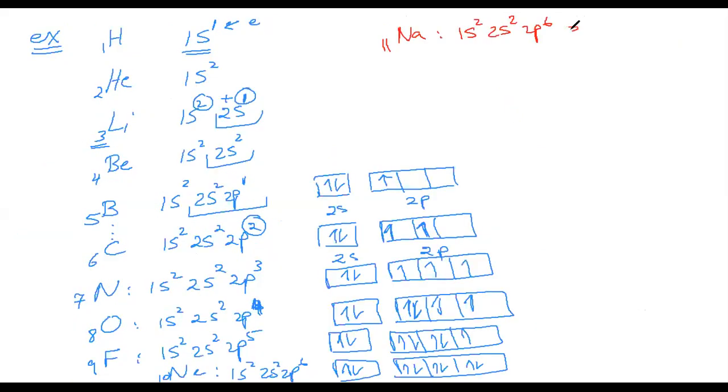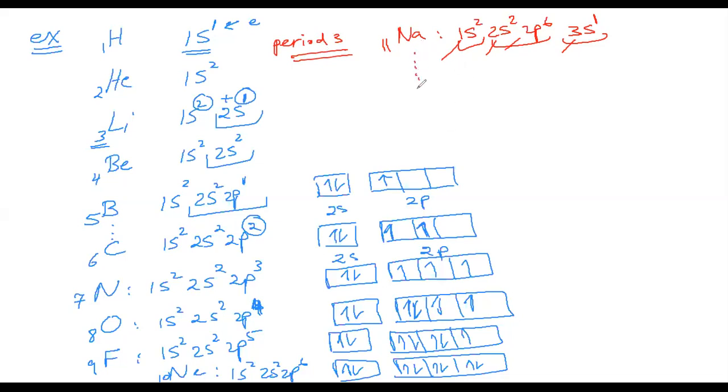So we have to start to fill the 3s by 1 electron. As you see here, we have 3 shells. This is shell number 1, this is shell number 2, and this is shell number 3. And this shows us that sodium is present in period 3. It started to fill by 1 electron, and so on.